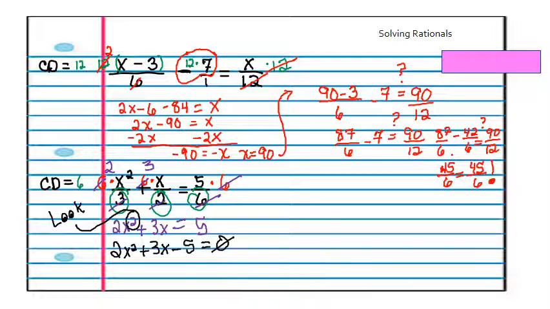Oh, we have a number up front. Always make sure that you can't GCF it. 2, 3, 5. No, so we're going to have to factor by grouping. Factor by grouping. We need factors for a negative 10.